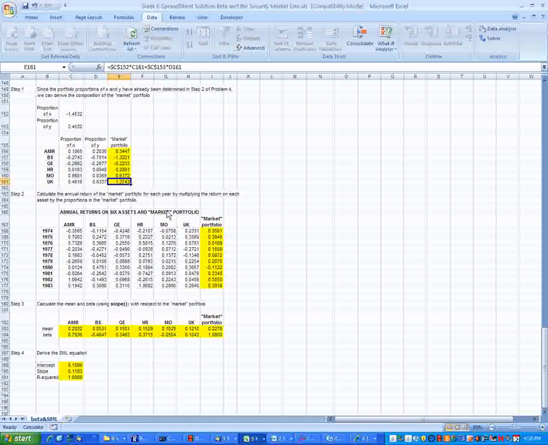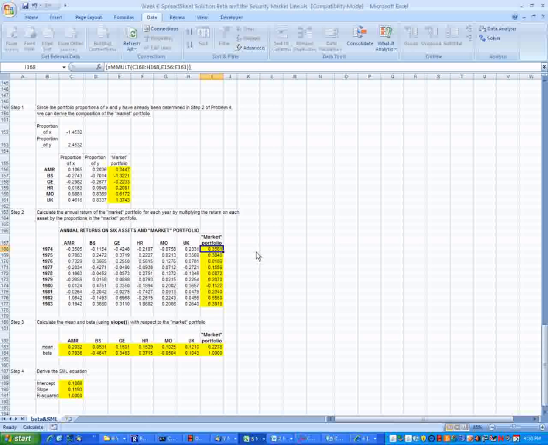And then in step 2, we're just multiplying the returns in 1974 from each of the stocks, each of the companies, by our new weights for our new market portfolio. And we're doing that year by year to get our new market portfolio returns.